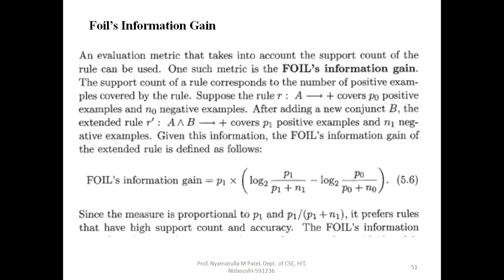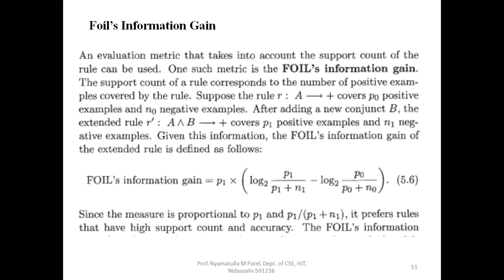So, in the first case I am taking only one condition A, and it covers P0 positive examples and N0 negative examples. When you conjoin one more condition B, the extended rule A ∧ B, if it is triggering plus, then it covers P1 positive examples and N1 negative examples.